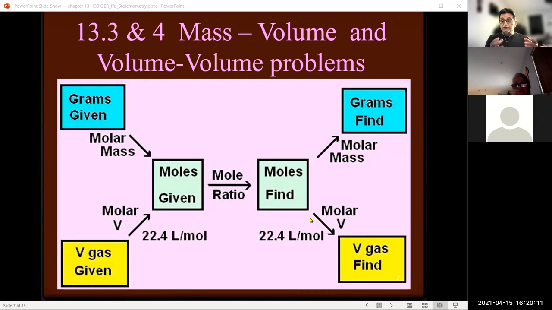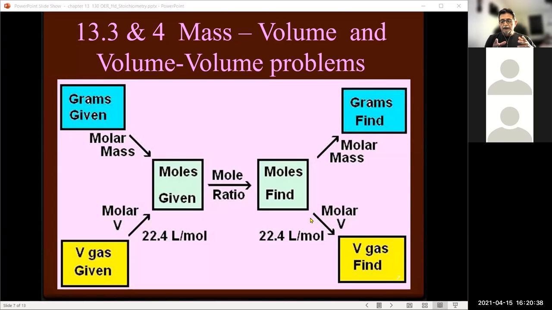The molar mass is a ratio. The molar mass has units of grams per mole. The mole ratio that's there in the center comes from the balanced chemical equation. And that's the stoichiometric relationship between maybe the two reactants, how many moles of each, 1 to 1, it could be 2 to 3, 1 to 4, whatever it took to balance that chemical reaction.